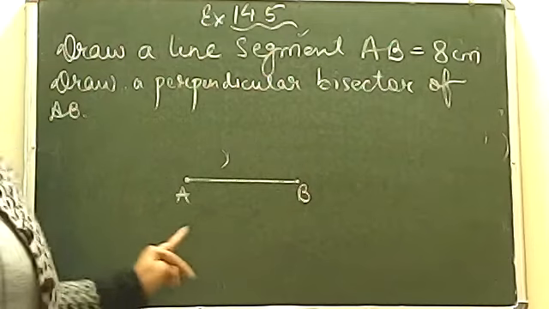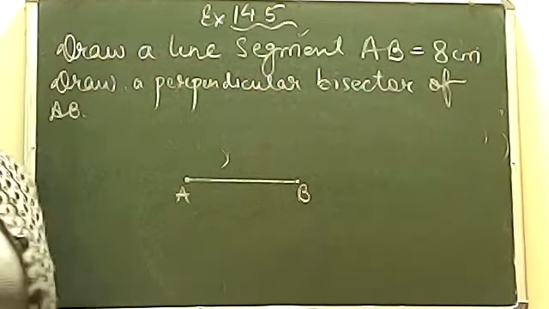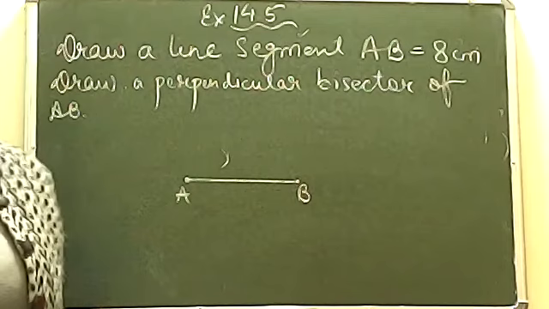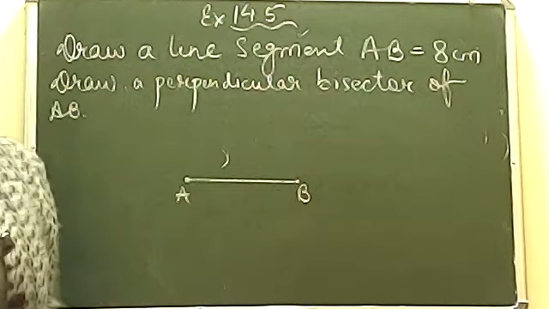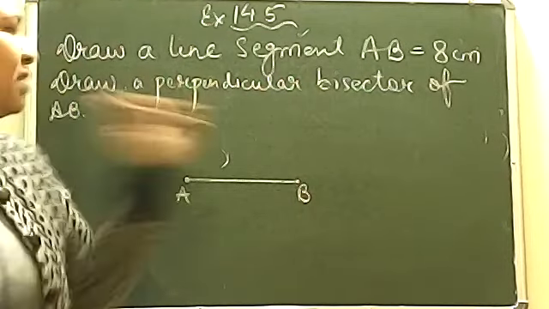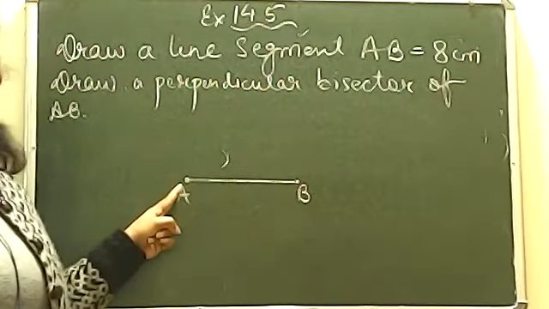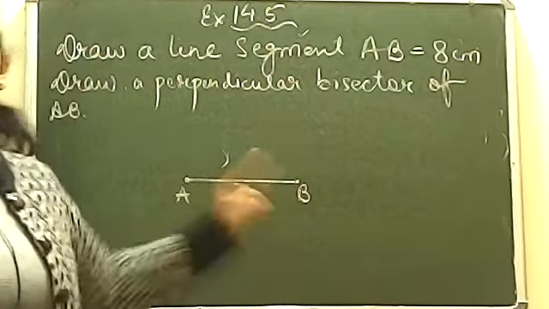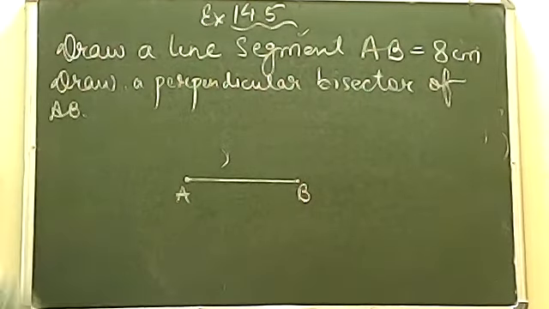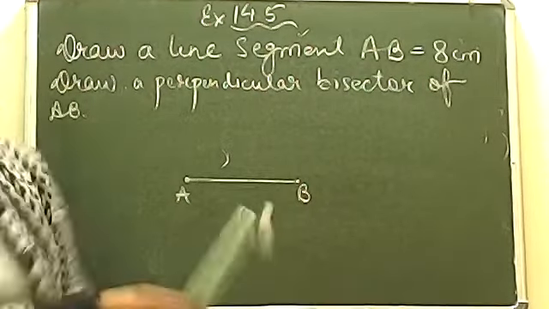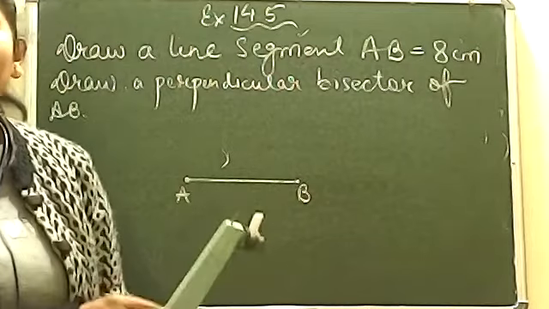Always remember, whenever you draw a perpendicular bisector or line bisector or line of symmetry, anything, you have to use end points. ठीक है, end points means here the end point is A, here the end point is B. So I will be taking my compass and I will be opening it more than half.